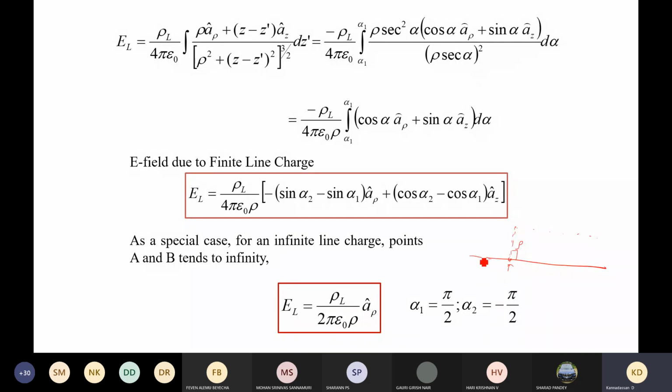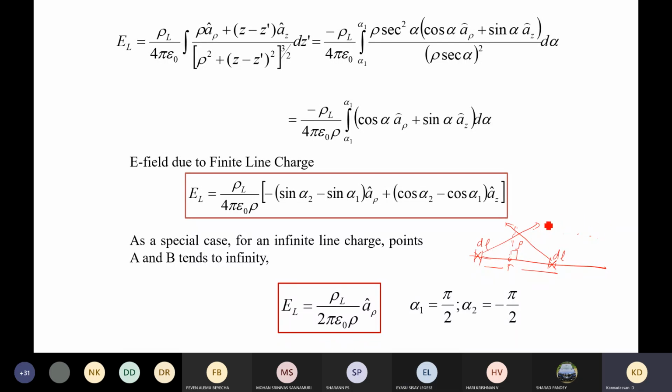If at this location you take a dL, and at exactly the same distance on the other side you take another dL, then the corresponding electric field components will cancel out.